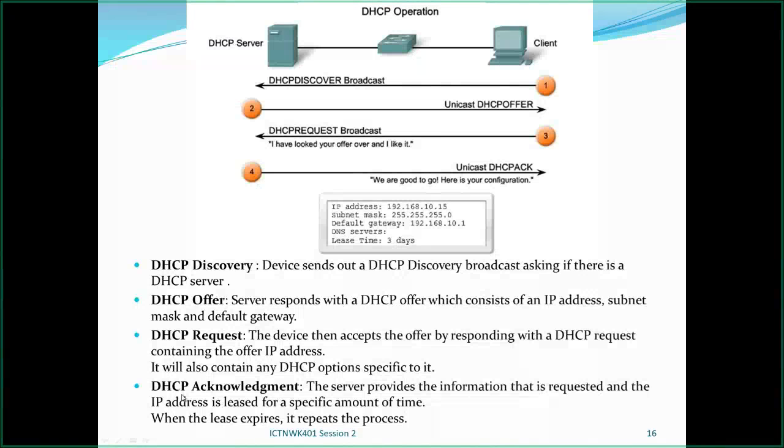The DHCP server then will respond with an acknowledgement saying, yes, that address is still available. It is now assigned to you, and your lease period starts now. Have a nice day. So you now can use that device on the network, and you're ready to go.